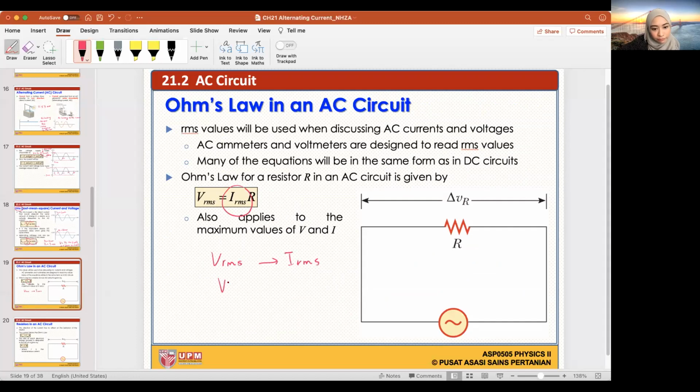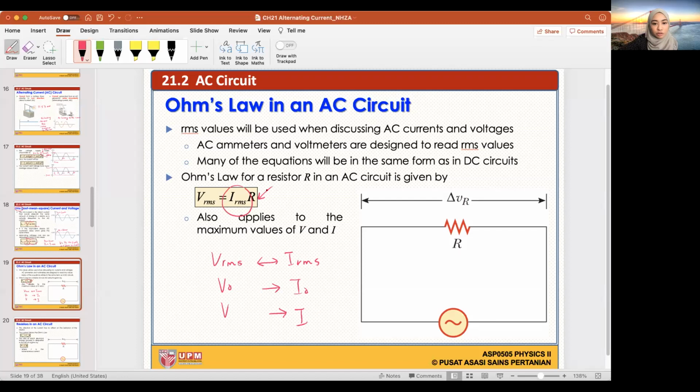If you use V naught in Ohm's law, you will get I naught. So you can use regular V, you will get regular I. The Ohm's law can be used for all these different V's, but it depends on what type of V you are using. If you are using IRMS, you will get VRMS.